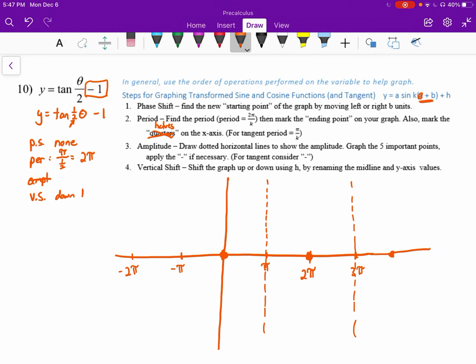And then to the left of 0, we have a vertical asymptote at -pi, and then at 0. And now we can graph our function. We go through 0 and we go up left to right, getting closer and closer to the vertical asymptotes.